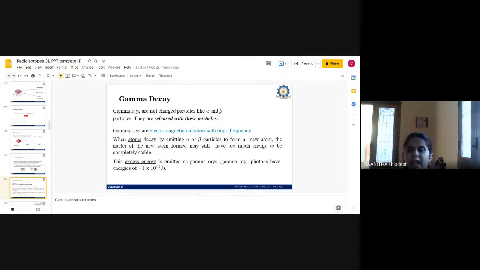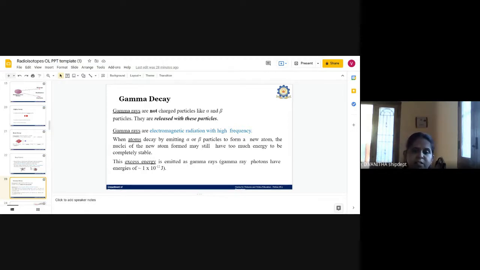So when atoms decay by emitting alpha and beta particles to form a new atom, the nuclei of the new atom is not yet stable. It is an unstable one only. So to make it into a stable one, it releases some energy.